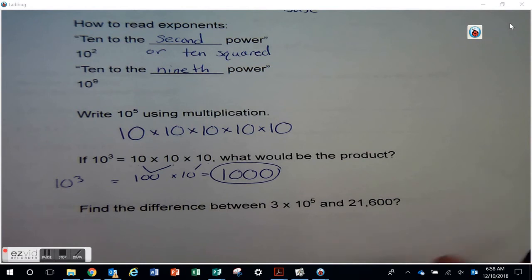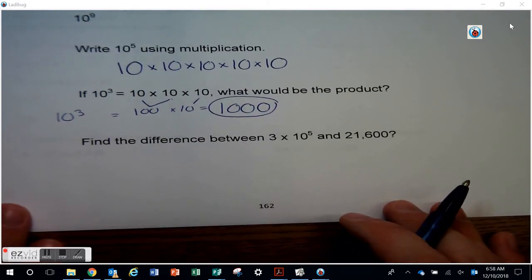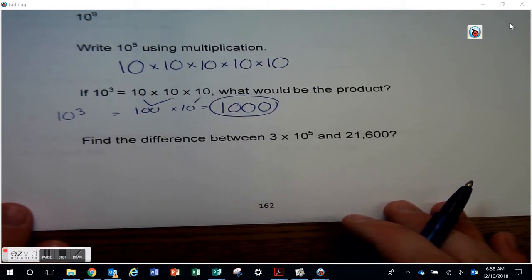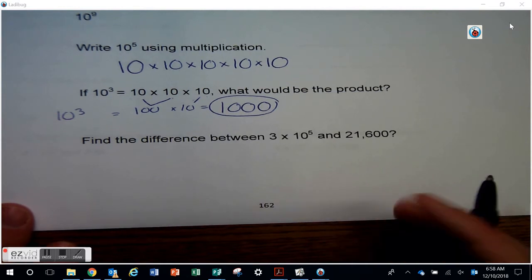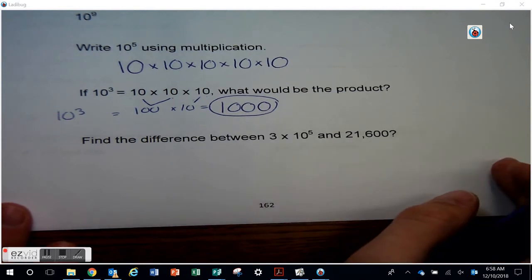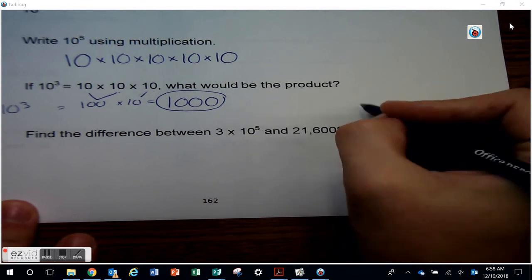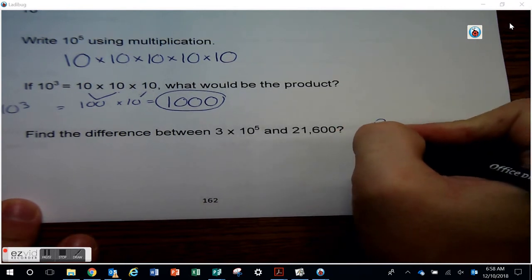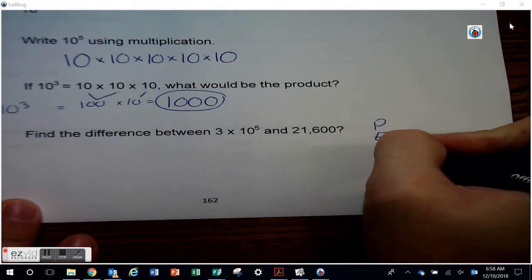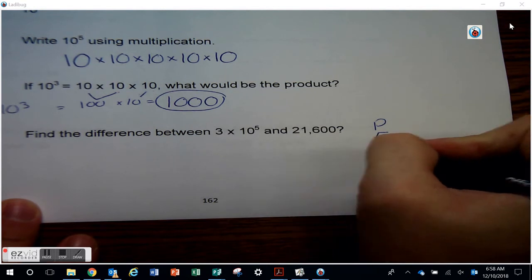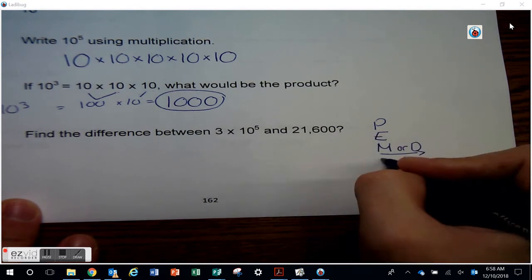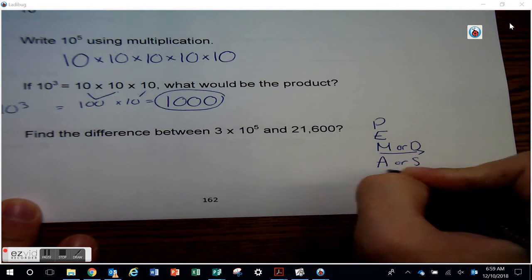Now here we have a very tricky problem. And in this problem, we're going to need to use our order of operations. So if you remember, parentheses, exponents, multiply or divide, whichever comes first from left to right, add or subtract, whichever comes first from left to right.